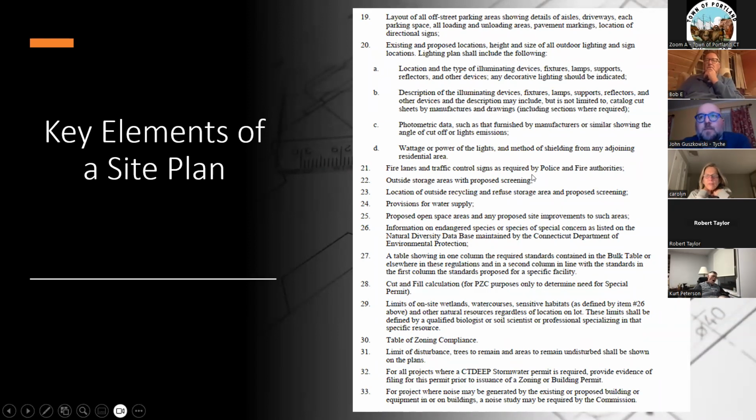Can you request waivers as well? Yes. So waivers are allowed for application submission elements. The zoning commission would not be allowed to have a waiver of a zoning requirement. That's not part of the application, but say zoning requires 6 parking spaces per restaurant table or something like that.